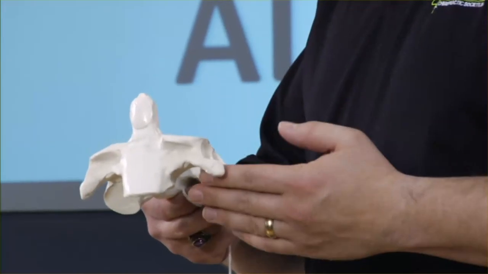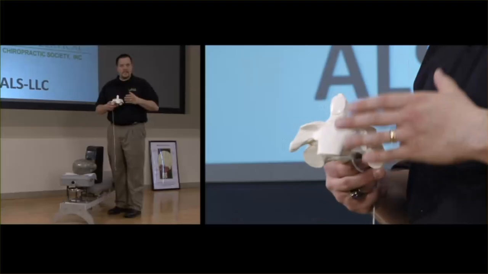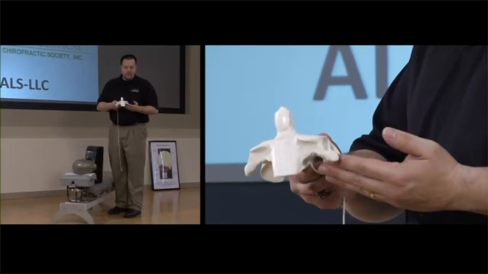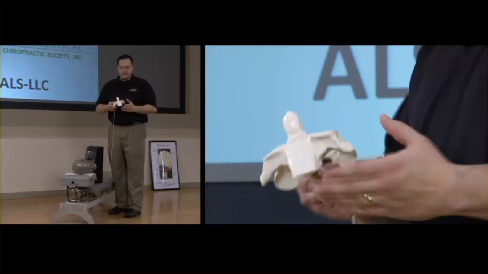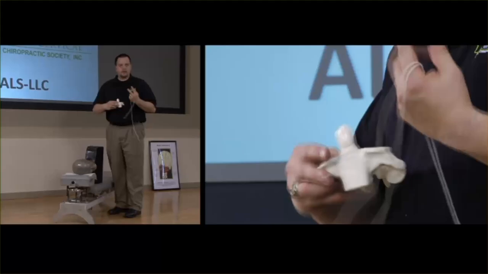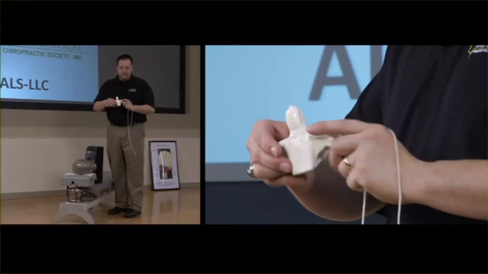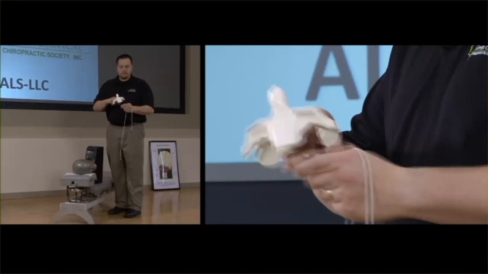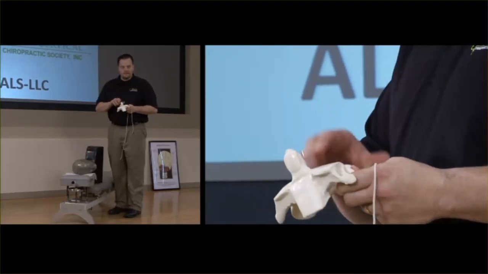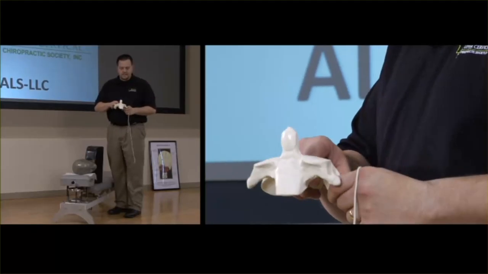In our atlas, we would have said ASL. For the axis misalignment, we say ALS. And this is just a little thing to make sure that the doctor doesn't mix up the adjustment, to make sure that when an axis adjustment is called for, we're doing an axis adjustment.